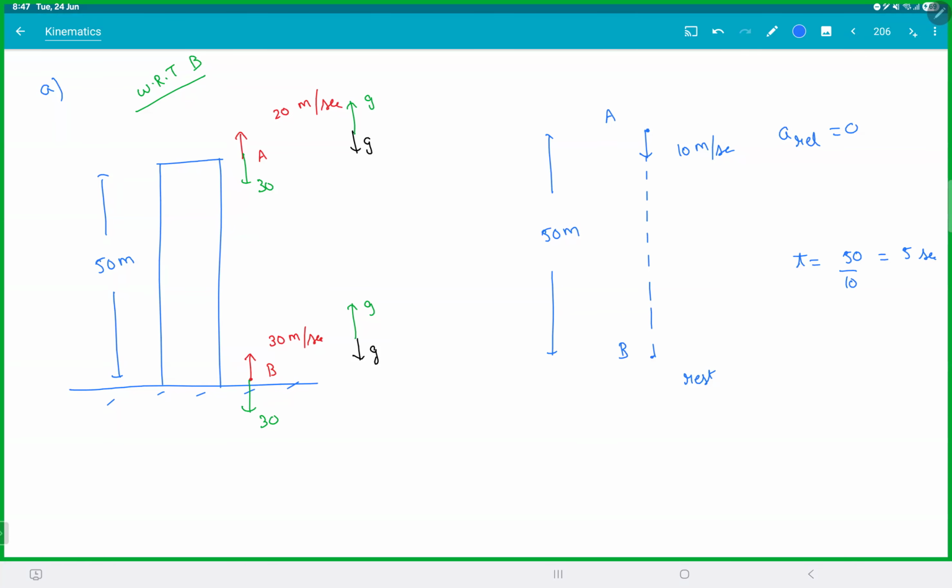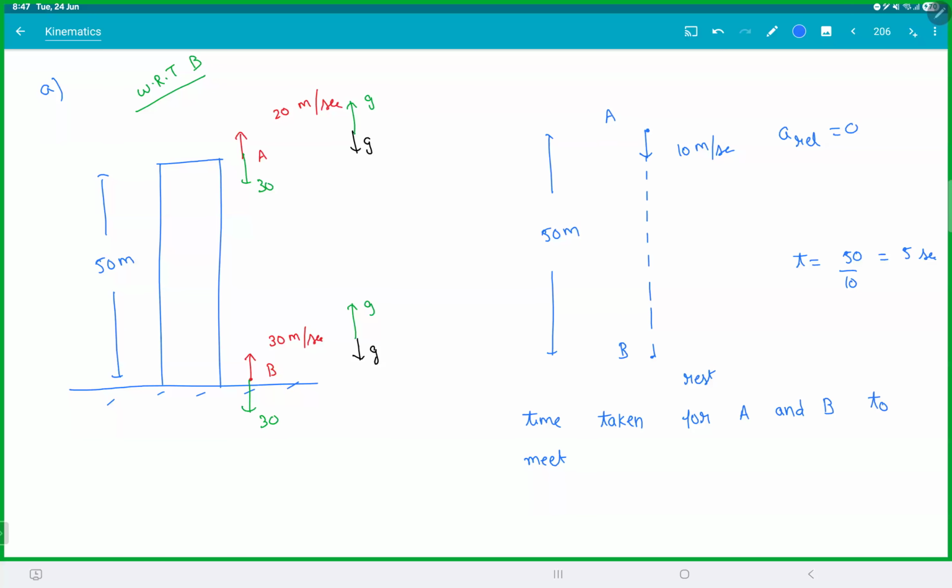Now, one thing is important. No matter which frame you go, the time will always remain constant. Time taken for A and B to meet is independent of the frames. Means you stand on the ground, you stand somewhere, you do anything you want.